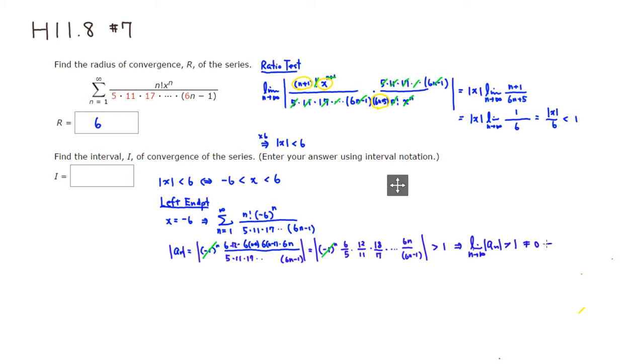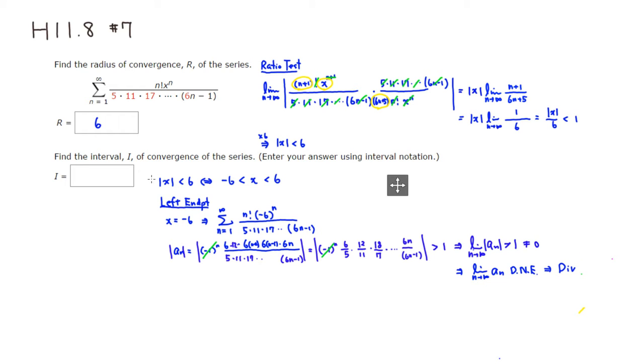It fails the divergence test, so the limit of a_n as n approaches infinity does not exist, which means it is divergent by the divergence test.